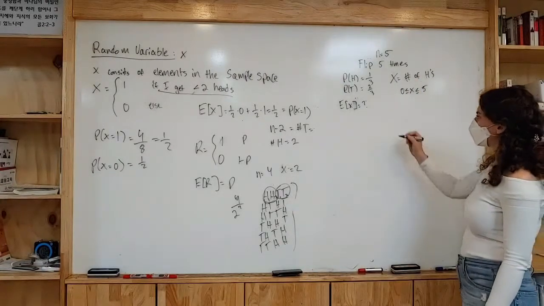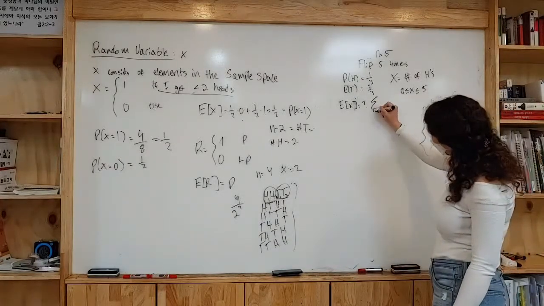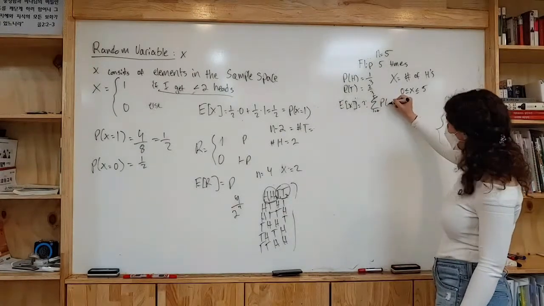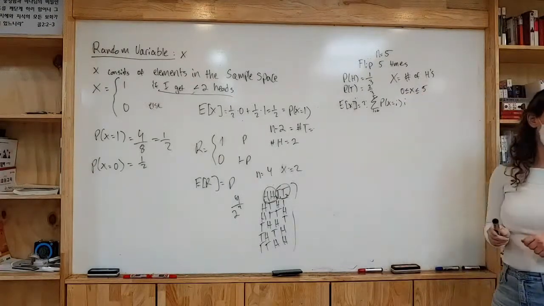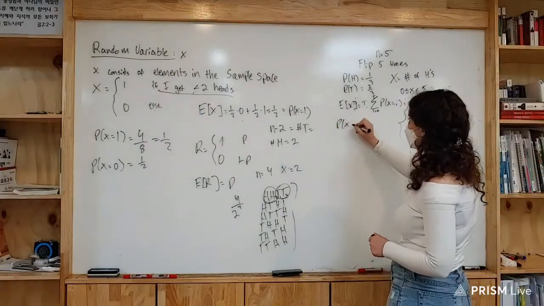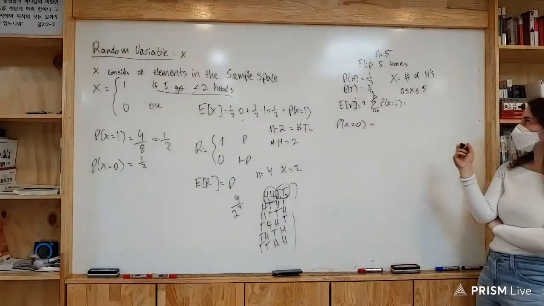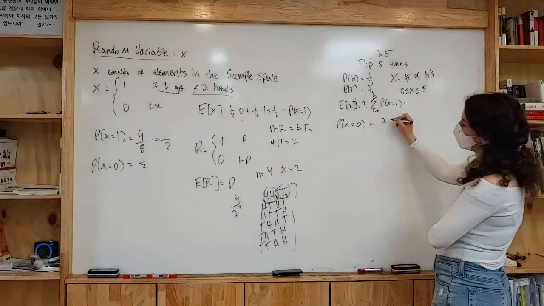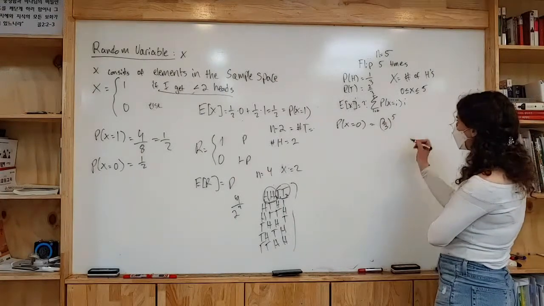So E of x equals the sum of i times P of x. So, what is P of x equals 0? No heads. 2/3 to the 5th.